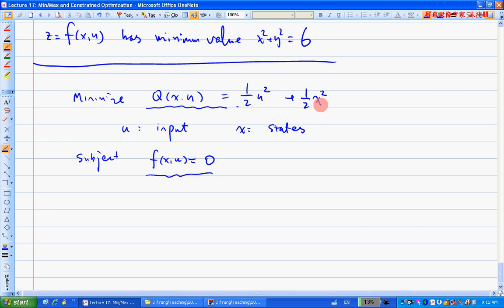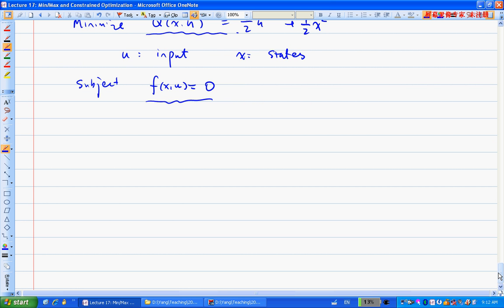That's actually one of the objectives when you do a pole placement regulator: you're trying to bring x back to 0. So that's a minimizing problem too, but you just didn't realize that.